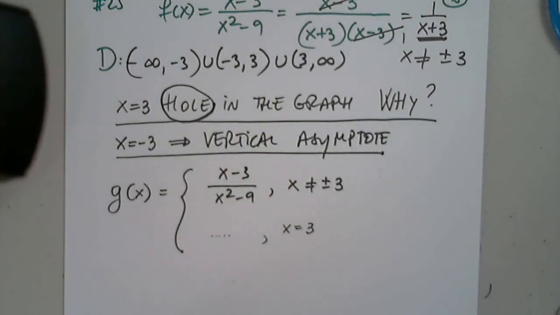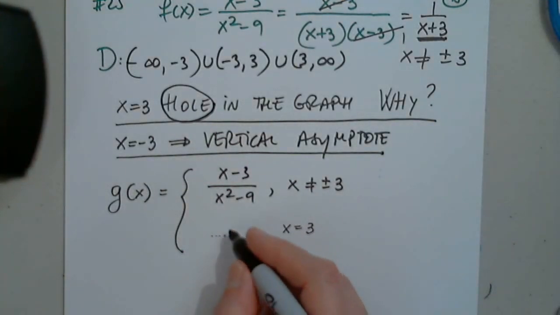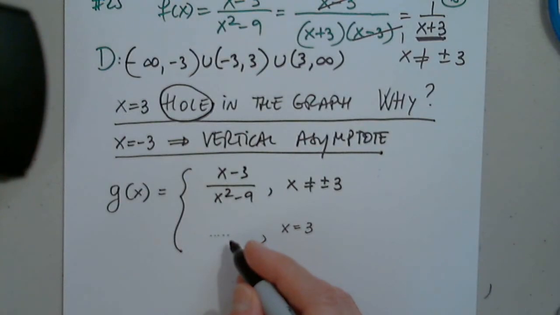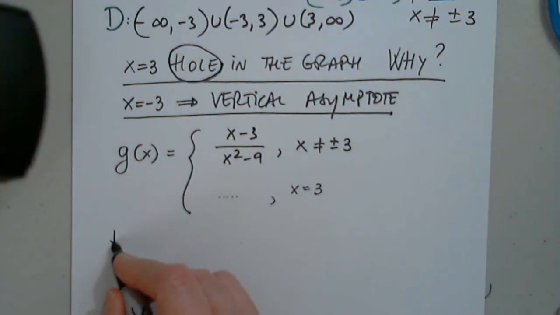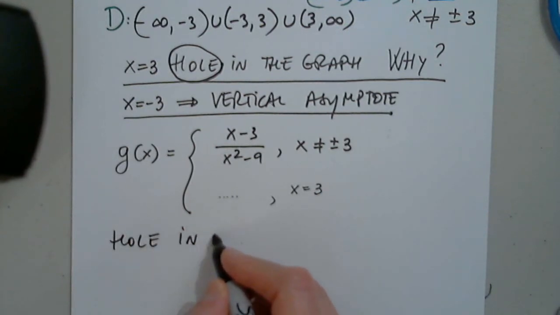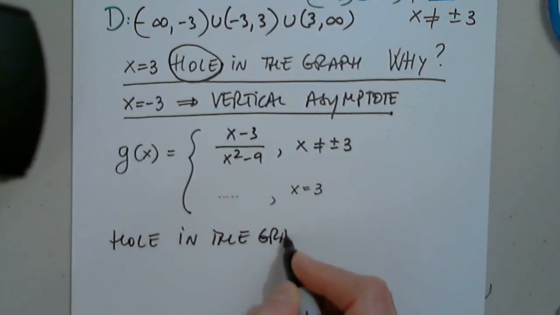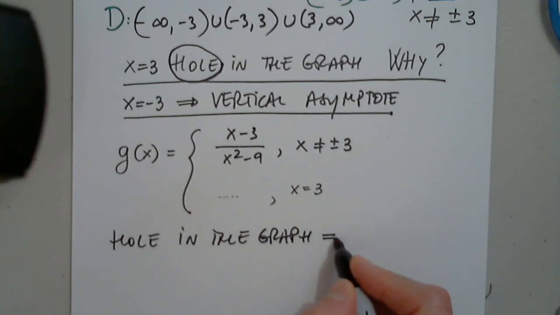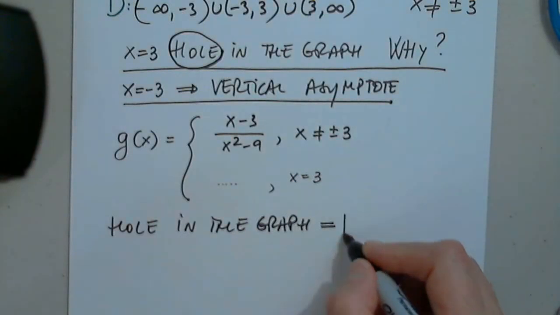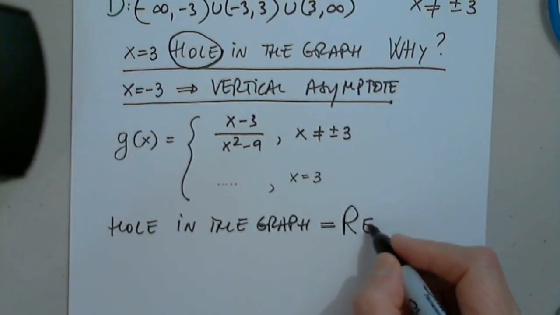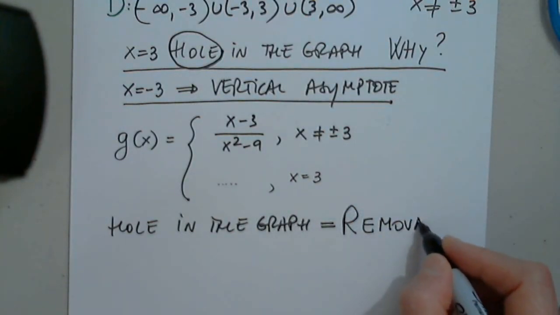Okay, so the question is, how do I define this function? Remember the hole in the graph. How did we call it a few minutes ago? Discontinuous. Right?